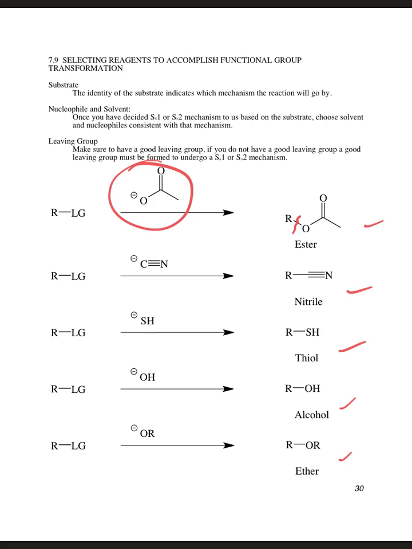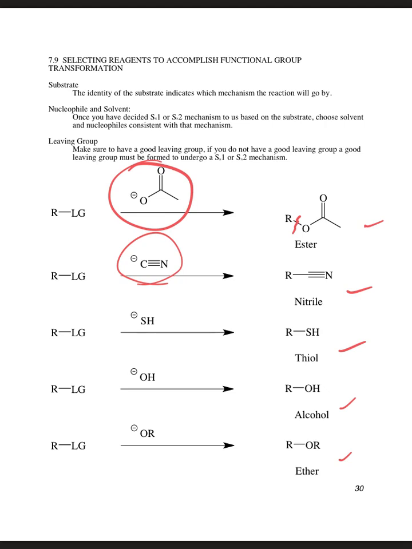So there's the reactions: the cyanide, sulfide, hydroxide, methoxide, or alkoxide does an SN2 if it's a secondary, and these wouldn't do SN1 very well because they're stronger bases. But they'd work very well for SN2s.